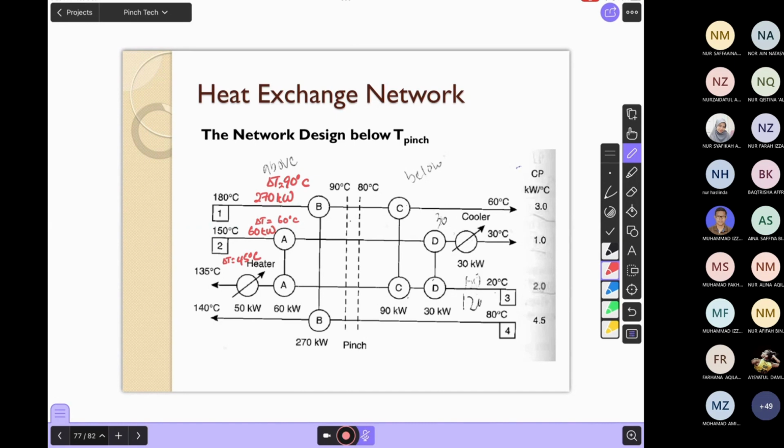Stream number 3, multiply by 2. Yes, 90 kilowatt. Now the one below. 90 to 140. 50 degrees Celsius. How many kilowatt? 50 multiplied by 4.5, which is 225 kilowatt.